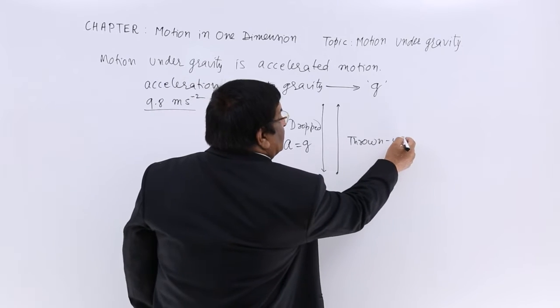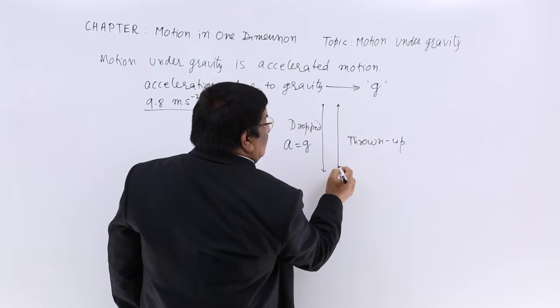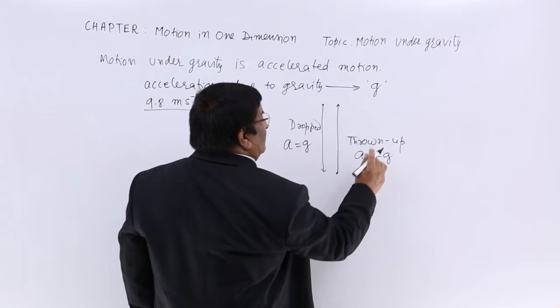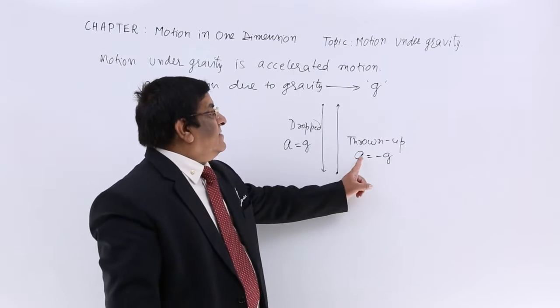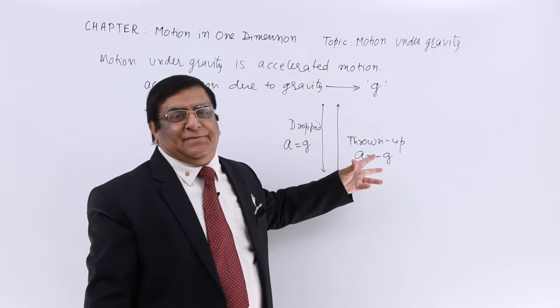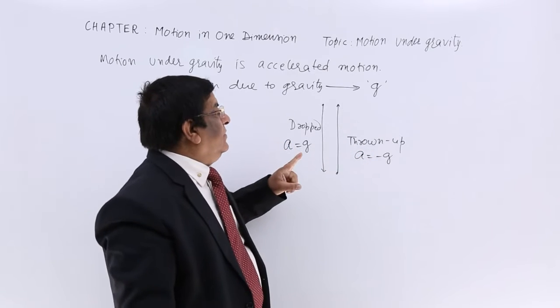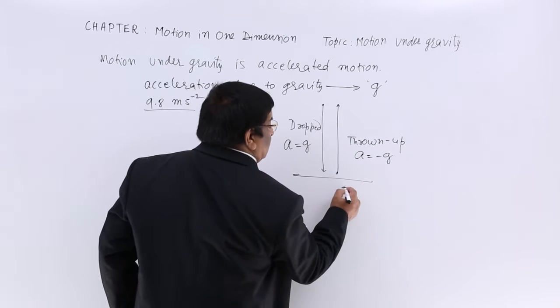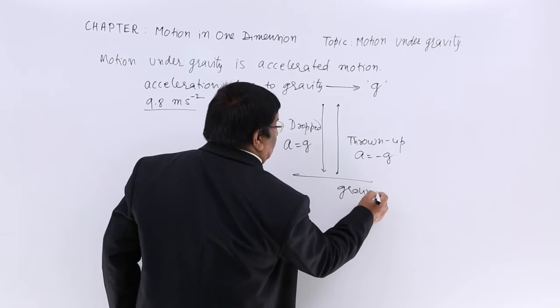If a body is thrown up, then its velocity goes on decreasing, and here the acceleration is minus g. The velocity keeps on decreasing. So the direction of this acceleration is always towards the ground.